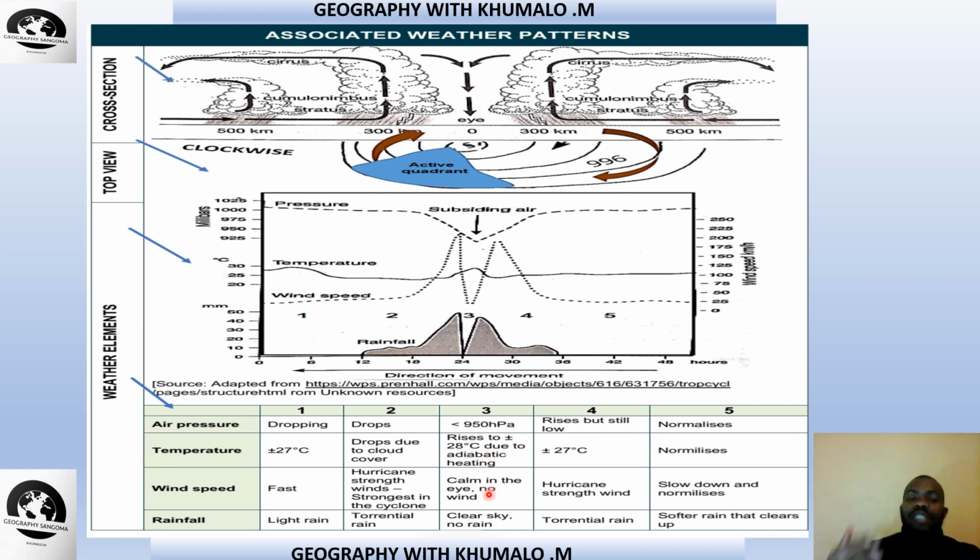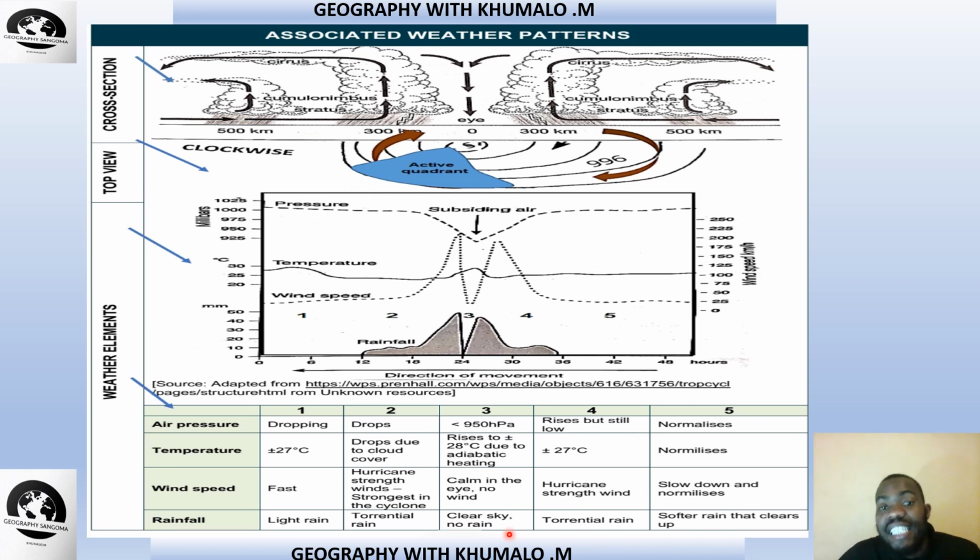To adiabatic heating. Why are the temperatures starting to heat where we are having the eye? It is because there is adiabatic heating, and the wind speed is calm. In the eye, there is no wind. So number 3 will be during the eye, and there will be clear skies and no rainfall. So don't expect rainfall during the eye of a tropical cyclone.